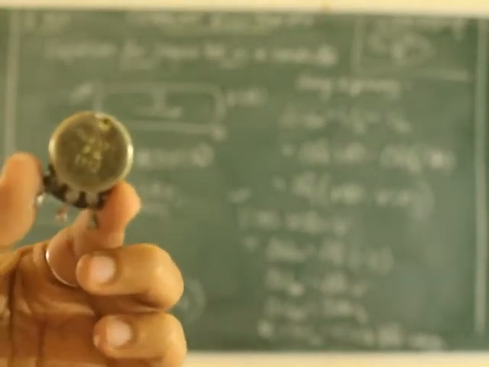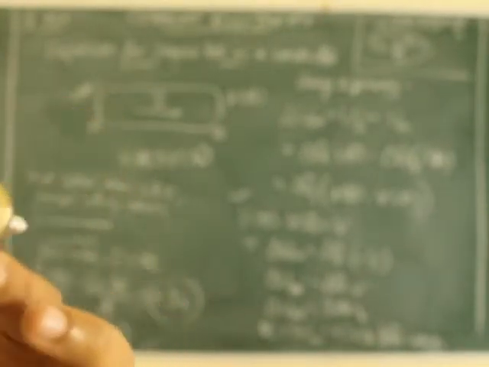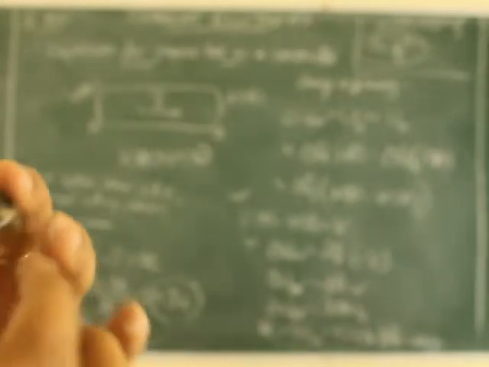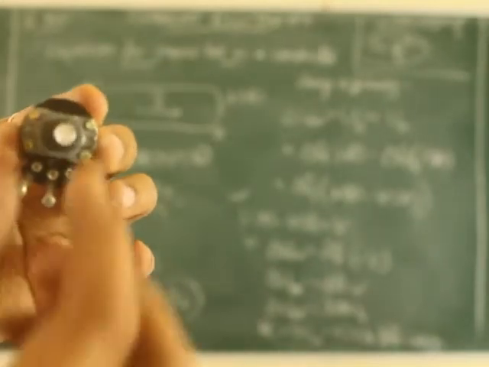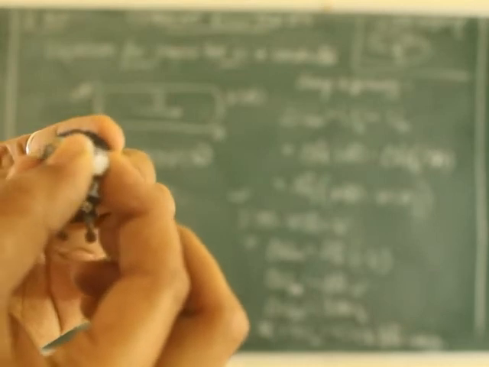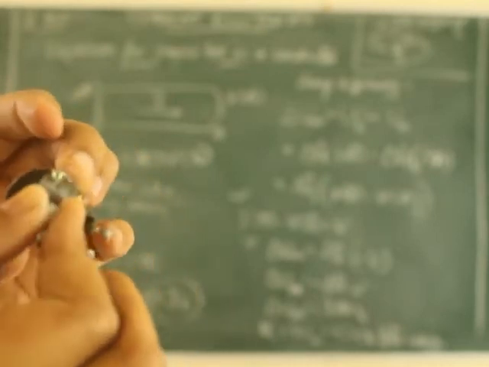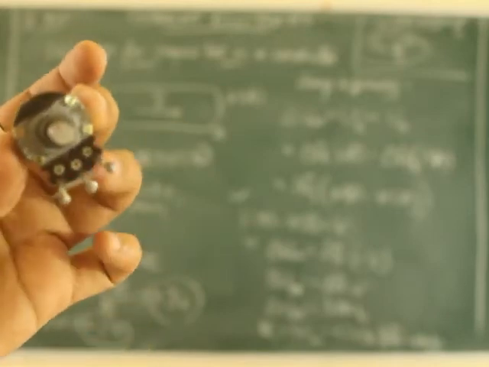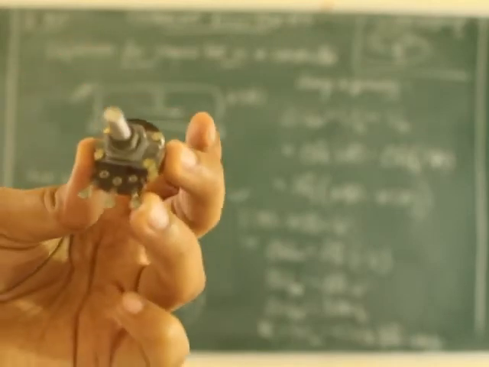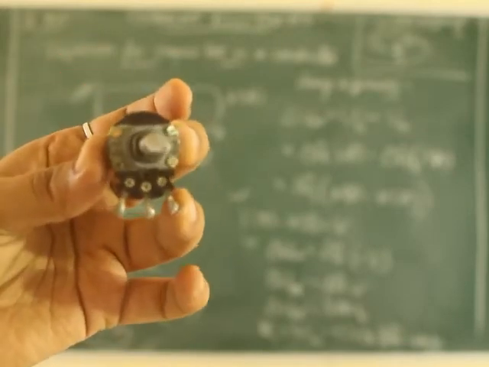We can change it by rotating. Can you see here, backside? If we rotate this, the potential can be changed. There are three legs for this pot. Okay. Next.